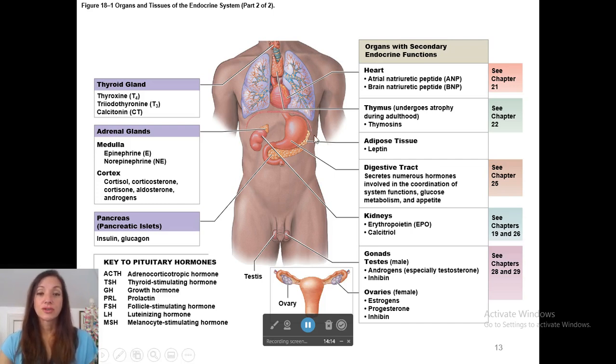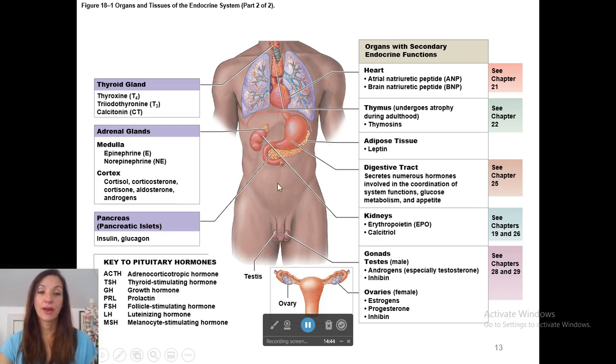You go down under the stomach here, and there's a little strip of adipose tissue under the stomach, which also has some endocrine function. Then the digestive tract not only is involved with digestion, but also release of some hormones. Then we have the kidneys. We talked about the adrenal glands above the kidneys, but the kidneys themselves are also going to be releasing hormones.